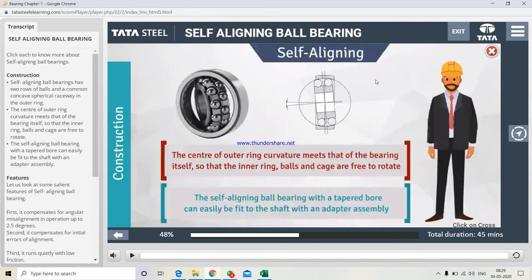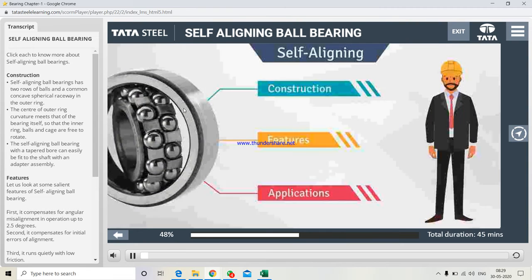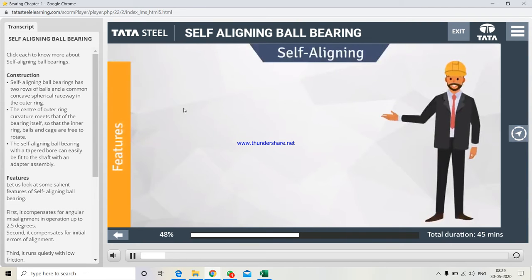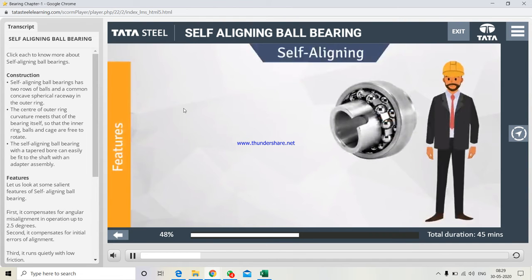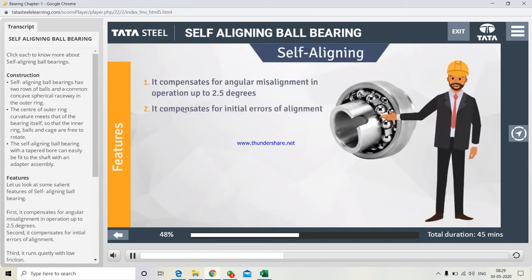Let us look at some salient features of self-aligning ball bearing. First, it compensates for angular misalignment in operation up to 2.5 degrees. Second, it compensates for initial errors of alignment.